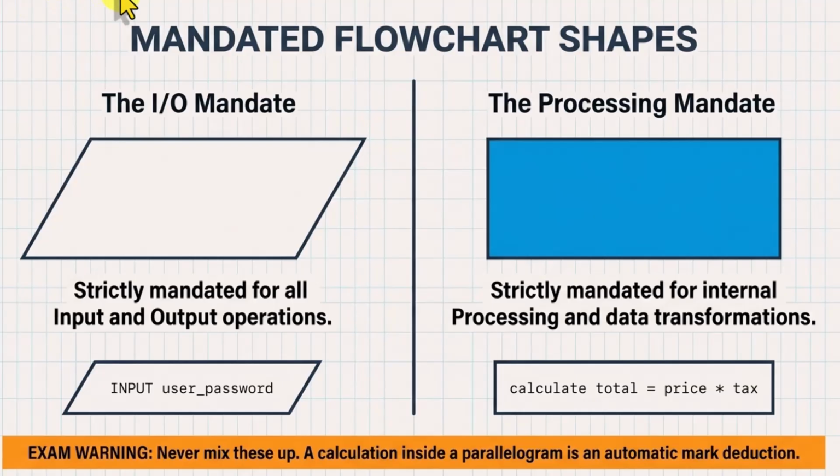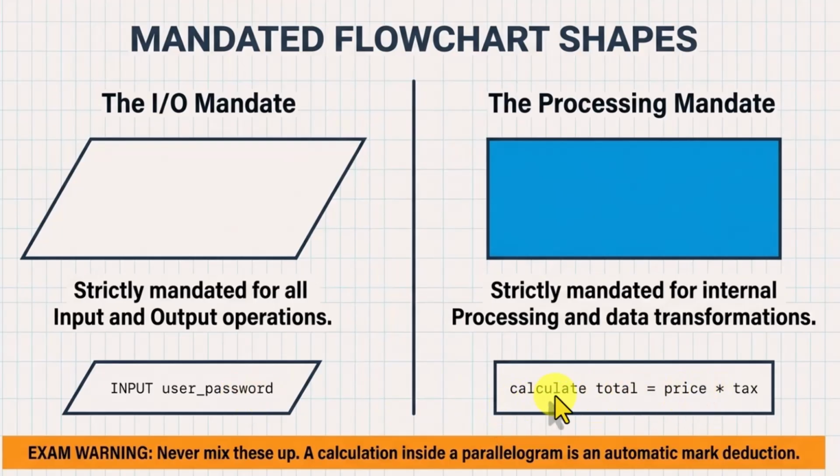But again, we have some specific shapes used for specific purposes. For example, the parallelogram is used for input and output operations, and the rectangle is used for processes. As here you can see, input user password means that at this step the program will take an input from the user and store it inside the user password variable.